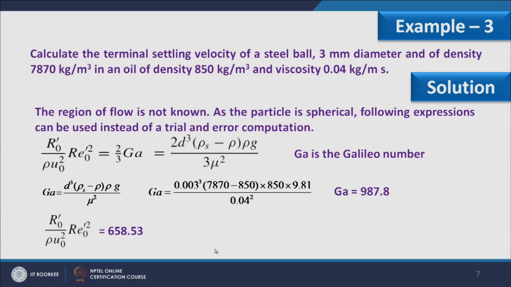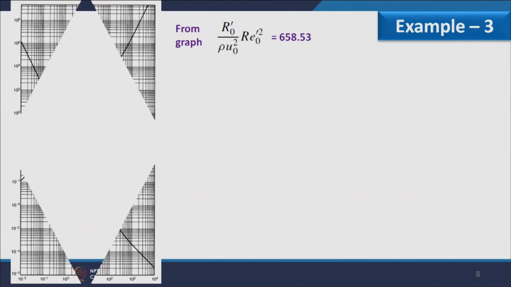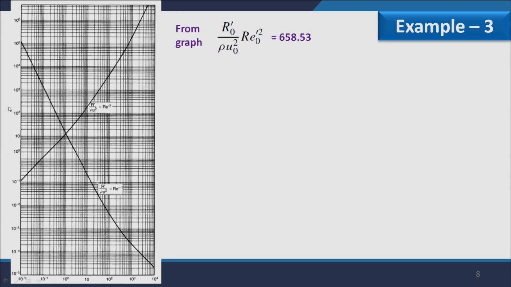So, how will we compute the terminal settling velocity? First of all, we will use the graph for computation. This is the expression which has value 658.53, and this is the graph. If you see, the y axis is basically this particular parameter and the x axis has the Reynolds number value. So, 658.53 we have to locate, and it will fall somewhere here, and where it cuts this curve, the corresponding value of Reynolds number we can trace from the x axis.